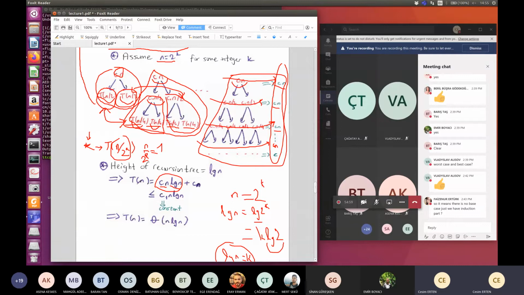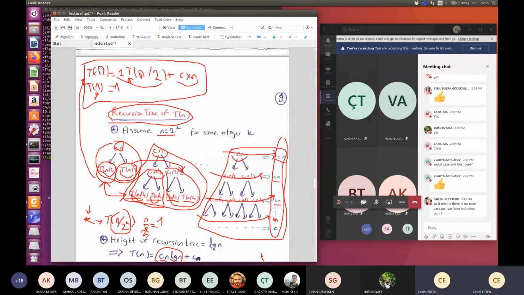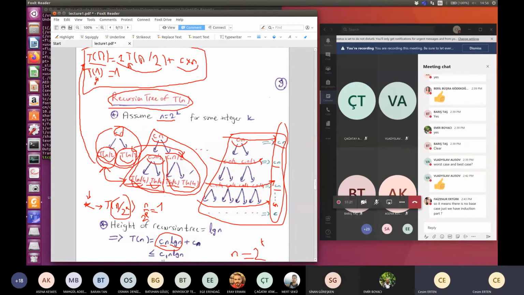So our running time is some constant times n log n. And we can describe that running time with, forgetting about the constant, theta n log n. This is our guess for T of n described with this recurrence using the recursion tree construction.